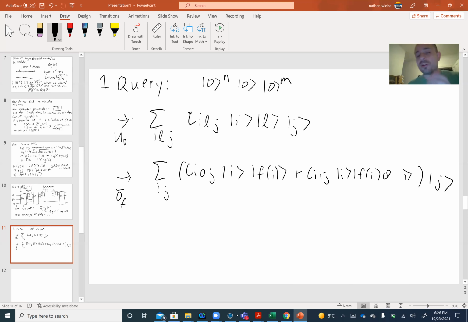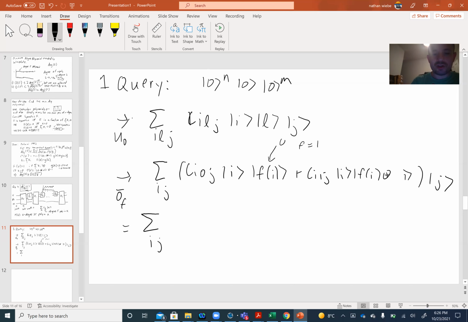Now, what we can do is, because this is a Boolean function, there's only two possibilities for f. Either f is 0 or f is 1.